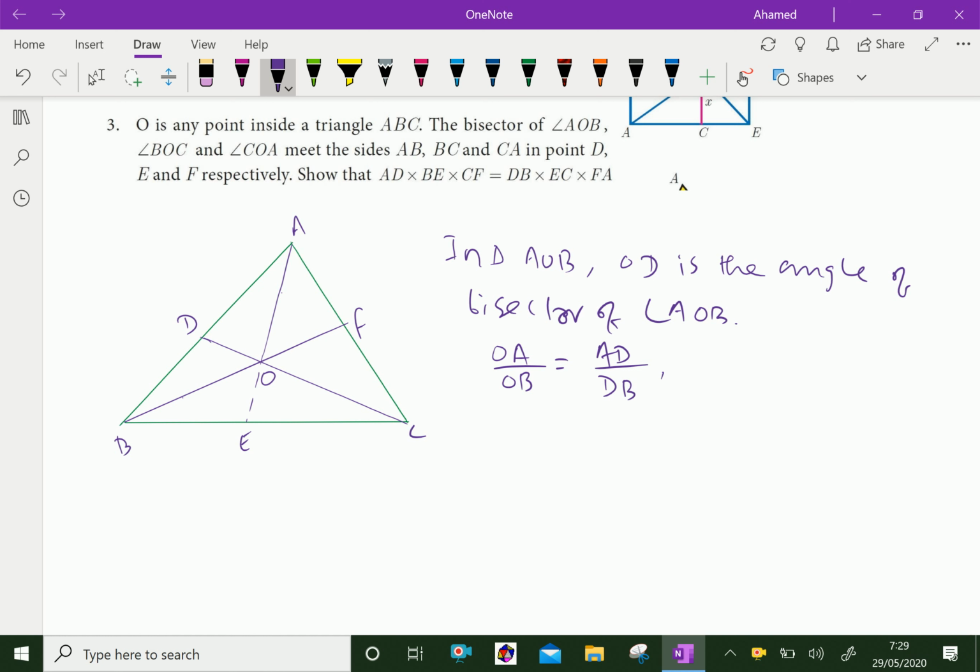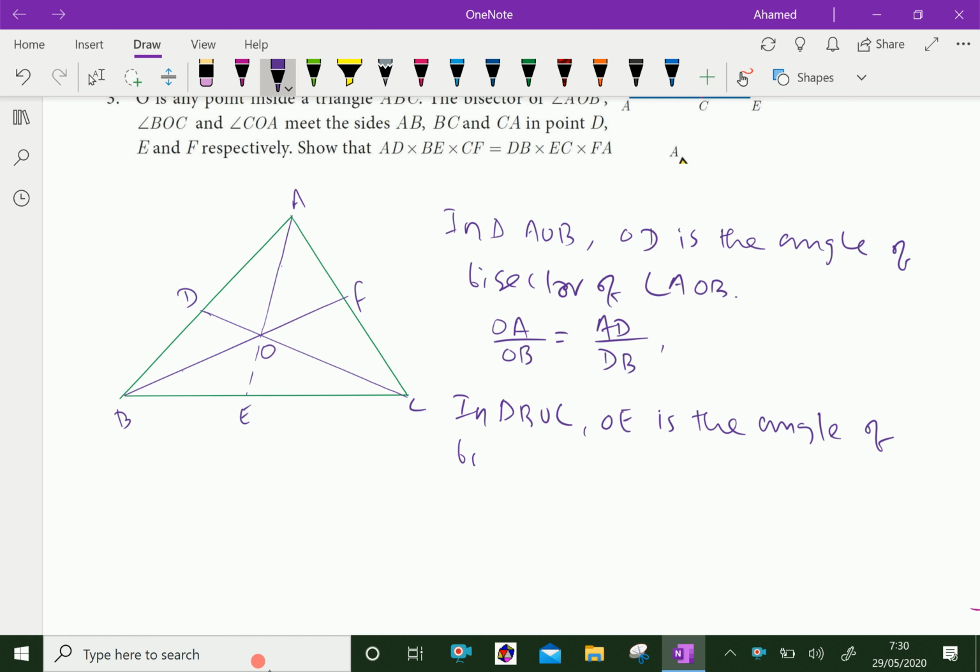Now similarly in triangle BOC, OE is the bisector of angle BOC.